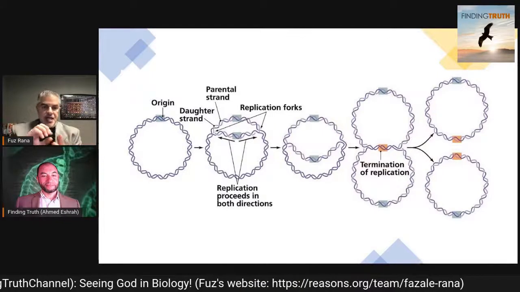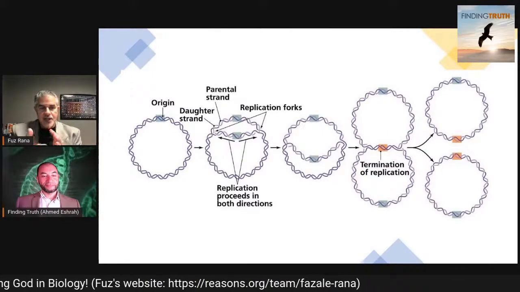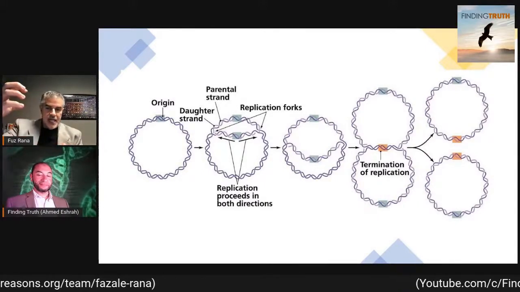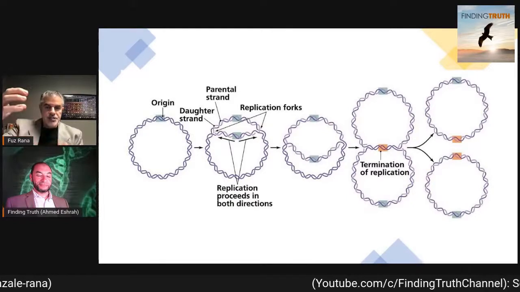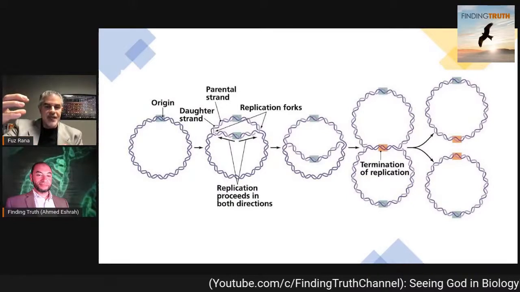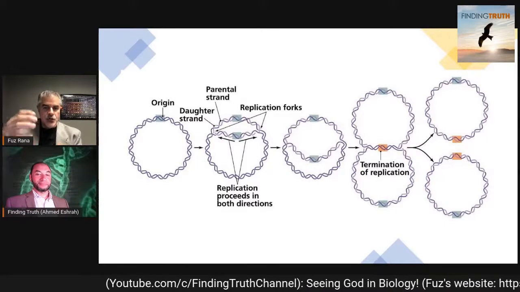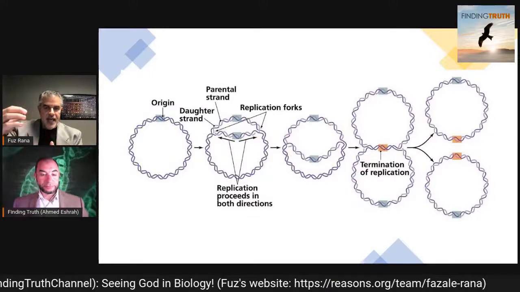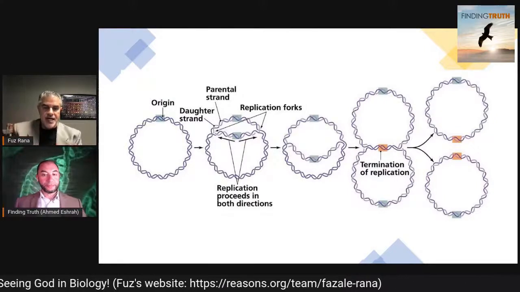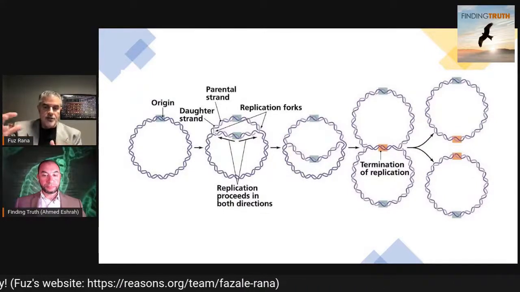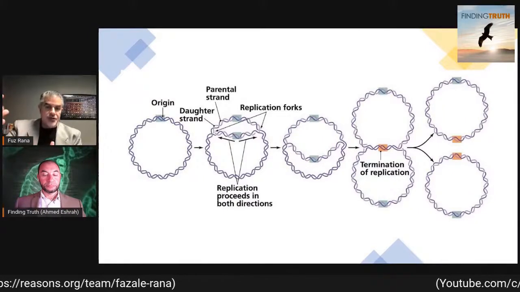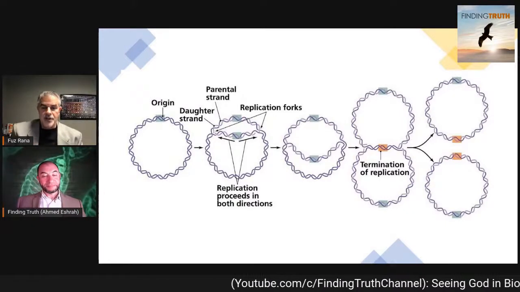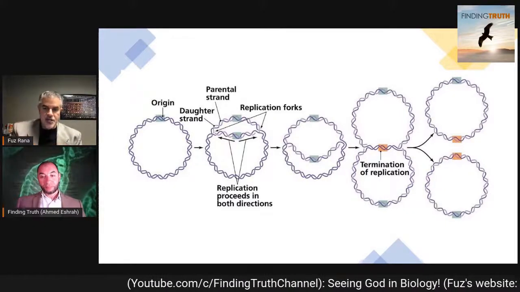And what happens is that at that site, the double helix is locally unwound to expose the two single strands, and they form what is called a replication bubble, right? So you can see that in the second circle is that bubble forming. And that's where the replication is taking place. And over time, that bubble becomes larger and larger until you wind up actually splitting it, generating two daughter molecules that then can be released from each other.